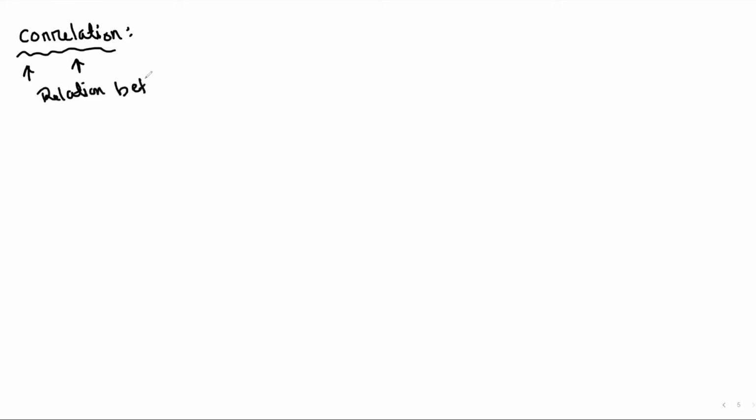So we are trying to find out the relation between two entities. This is correlation, right? So if someone asks you the definition of correlation, you can say quantifying a relationship.